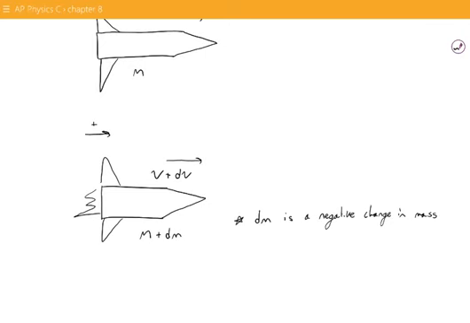dm is a negative change in mass, so this quantity here is a small change less in mass. So the mass is decreasing by just a small amount based on the way we defined dm.